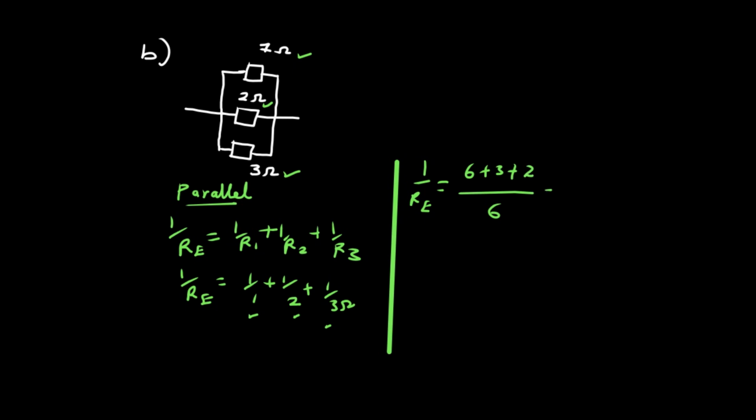When you add that up, it gives us 11 over 6. But remember, we have a reciprocal over here, so we'll do reciprocals on both sides. 1 out of RE equals 11 over 6, and the reciprocal of this, RE, equals 6 over 11.